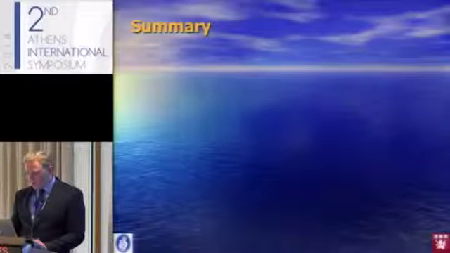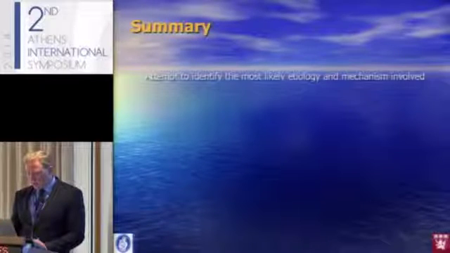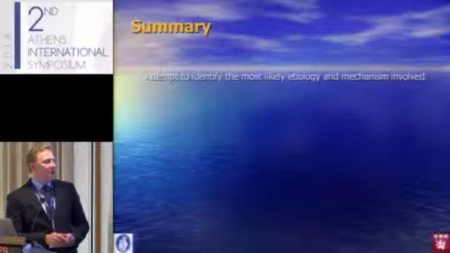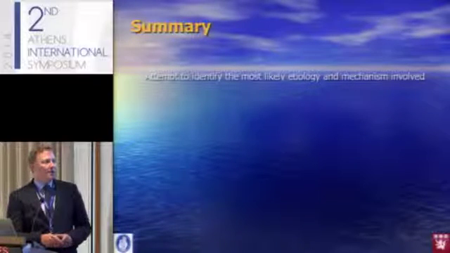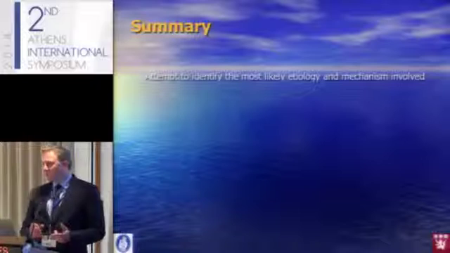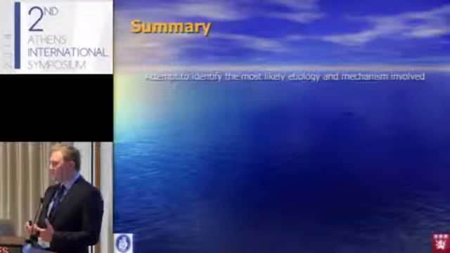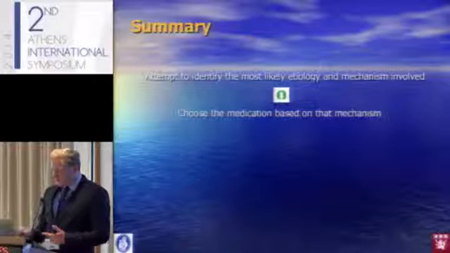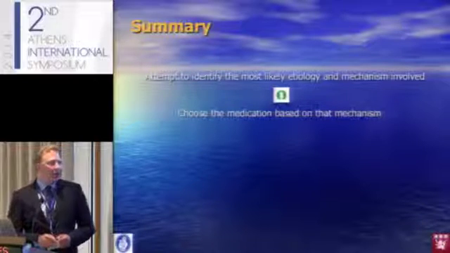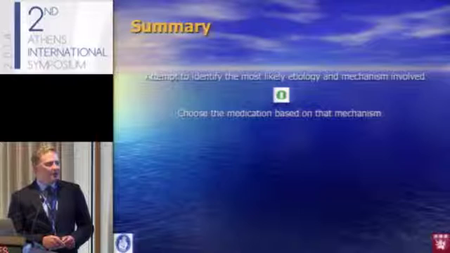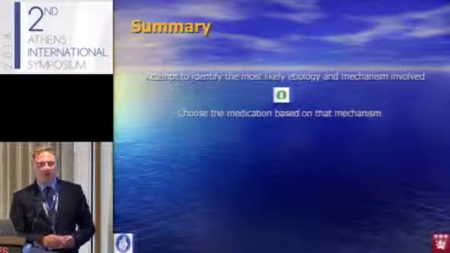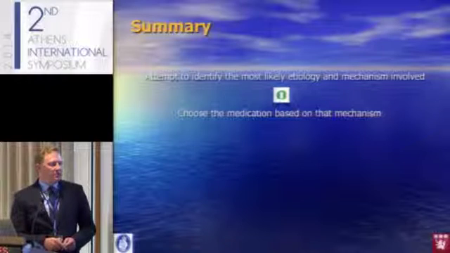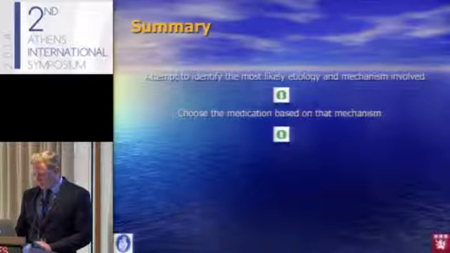So the summary of my little presentation here is if you address nausea and vomiting in patients, first identify the most likely etiology and the mechanism involved. And most importantly, you have to treat the primary disease that is causing the nausea. But then the next step would be to choose the medication that addresses the receptors that are associated with the etiology, and use medications that would be most effective.